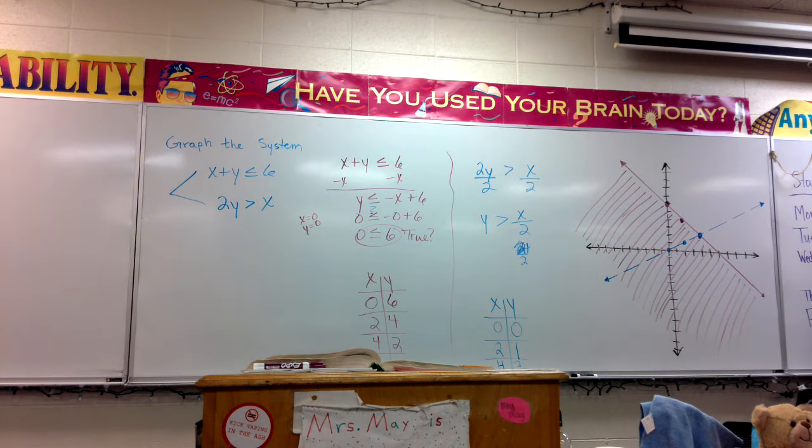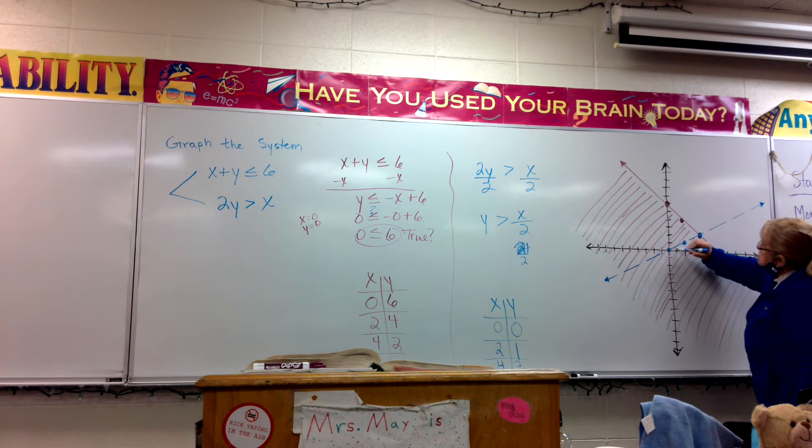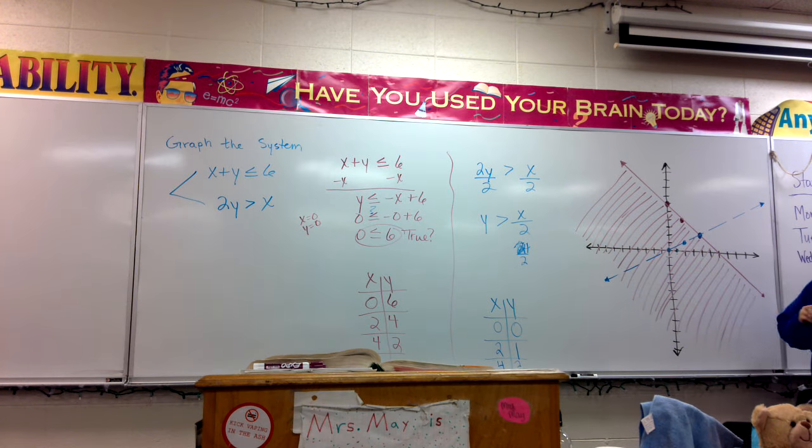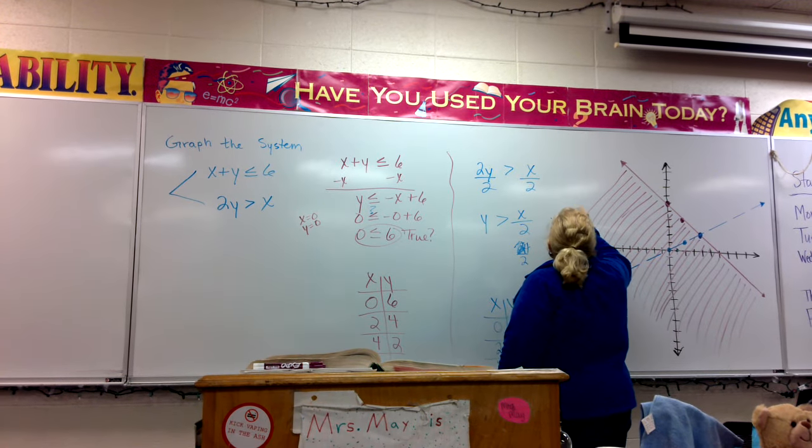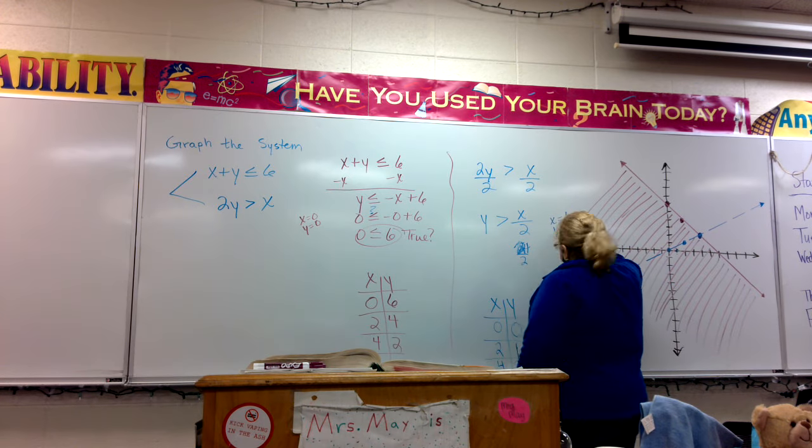So now I have to pick something else. If we can't pick 0, 0, let's pick 1, 0. And I just like to put a mark there just so I don't forget what it was. We're picking x equals 1, y equals 0.